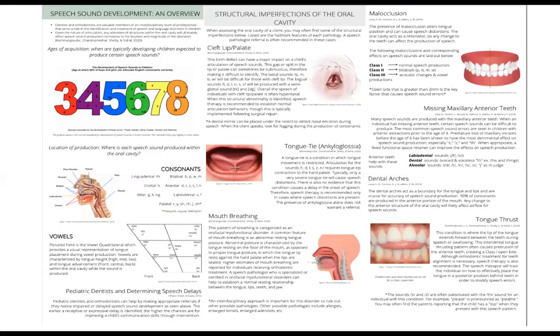So if they see a cleft palate or cleft lip, a tongue tie, mouth breathing, any type of malocclusion, class 1, 2, or 3, missing maxillary anterior teeth, changes in the dental arches, and even a tongue thrust. If a dentist sees this, we included a blurb about why a referral is often recommended in these cases, how our professions overlap, and what they can do about it.